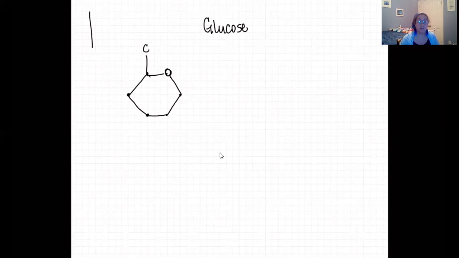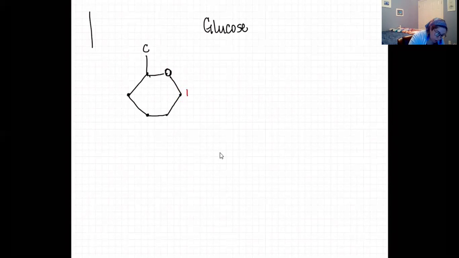Glucose is C6H12O6. And when you number these carbons, it's very important that you follow the same structure so that we can identify functional groups attached to these carbons. If we number them, we're going to start from the first carbon off of the oxygen. So here's my oxygen, which means the first carbon I'm going to start at is right here. And I'm going to number them going clockwise.